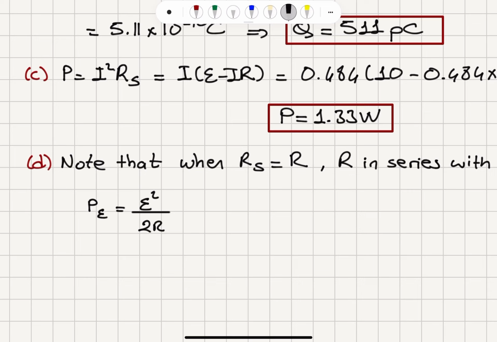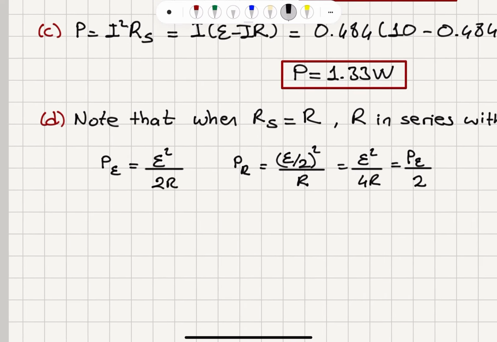The power dissipated by the salt water alone will be, because the two resistances are the same, the voltage will be epsilon over 2 appearing on this resistor. Epsilon over 2 squared divided by R, it will be epsilon square over 4R, which is the power supplied by the battery divided by 2.